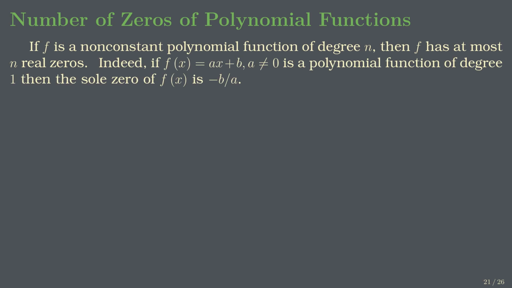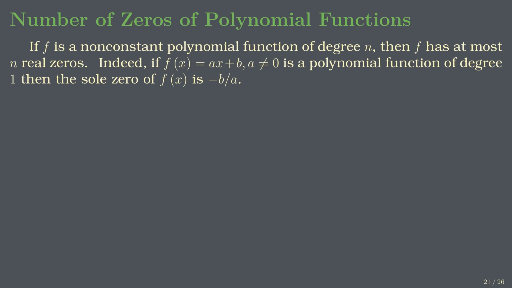Indeed, let's test the easier case, the linear polynomial function of degree 1, f(x) equals ax plus b, where a is different from 0. Then it can be easily seen that the only zero of f(x) is minus b over a. Okay, so in this case, the assertion holds.